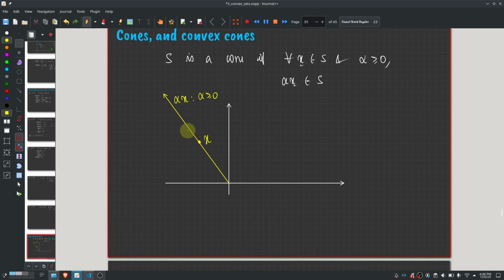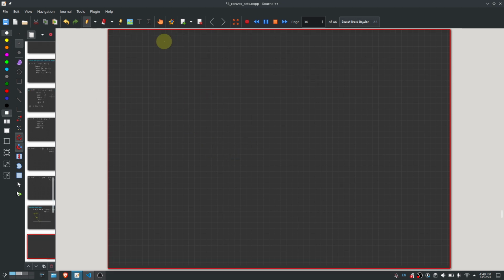So a set which is both convex and a cone is called a convex cone. An important property is, so we'll define a conic combination.